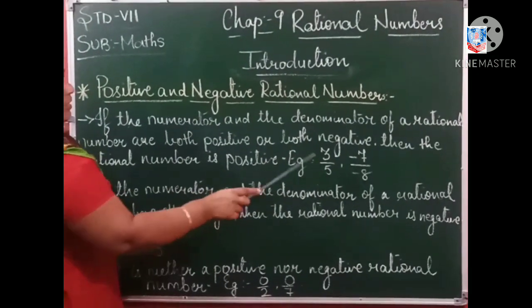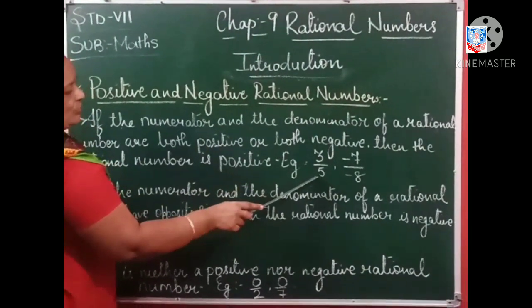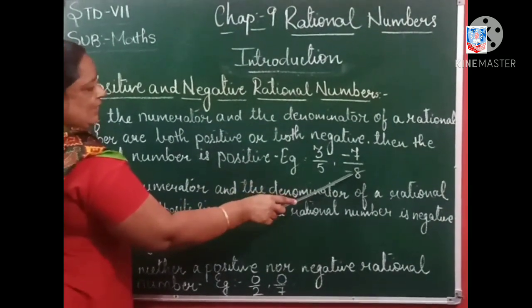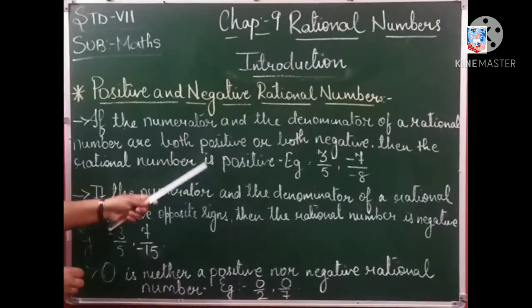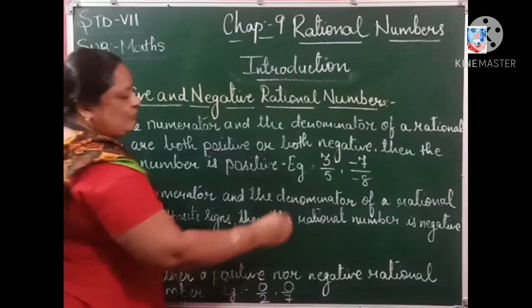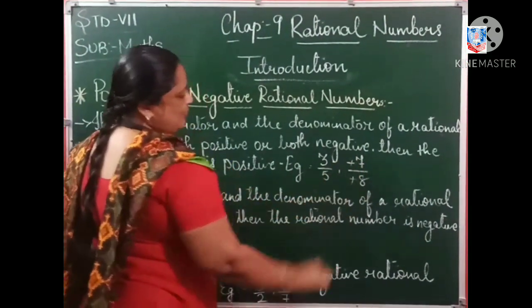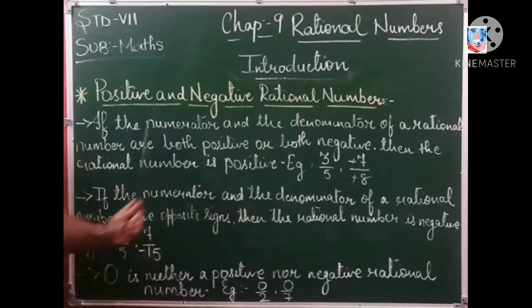If both are positive or negative, see here both are positive and here both are negative, then those numbers are said to be positive rational numbers. See here it is already positive. Here what we will do? We will cut this minus minus, then it is a positive rational number.